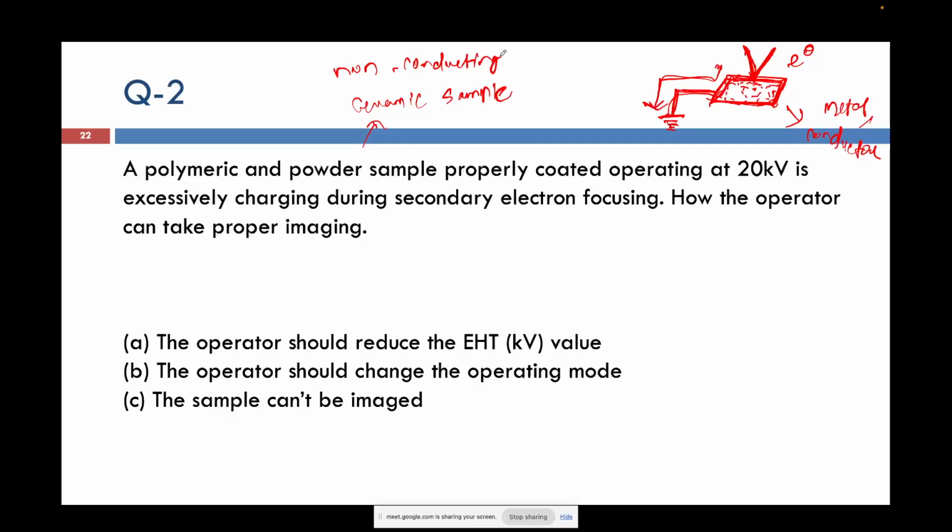The electrons will come, and since the material cannot conduct, the rate at which electrons accumulate on the surface is far greater than the rate at which they go through the material and get grounded. So the electrons accumulate on the surface, and after some time they also start to repel the incident electron beam.